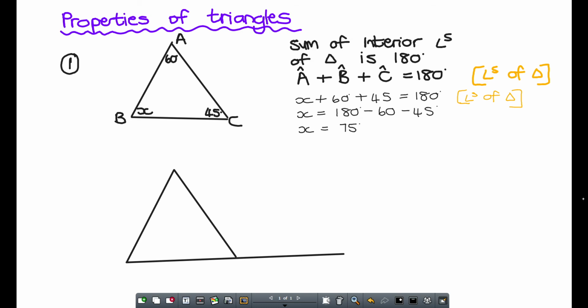Okay, let's look at our second property of a triangle that you've got to know. Okay, so the second one, let's first write it out in words.